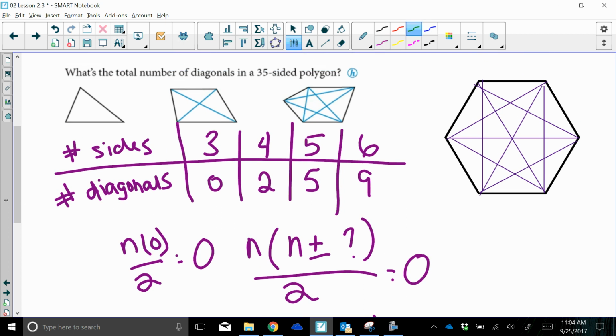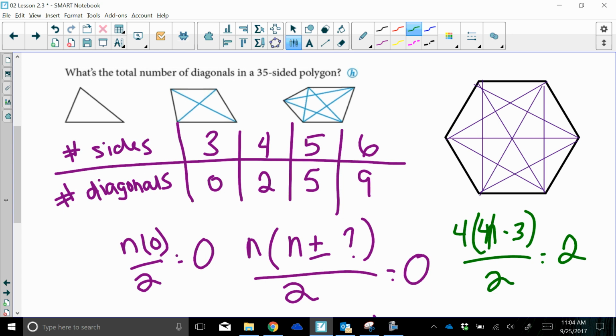So for our next term, where n is 4, we want to say 4 times n minus 3, which is 4 minus 3, divided by 2. We want that to be 2. So is that true? 4 times 4 minus 3, which is 1. So 4 times 1 divided by 2 is 2.